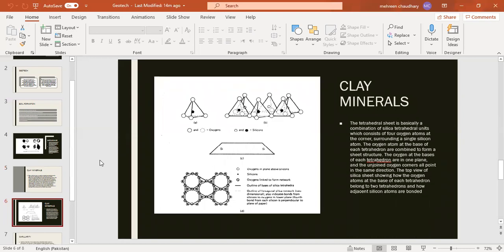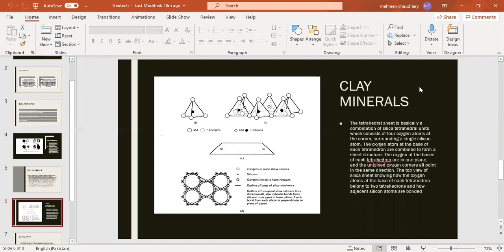The tetrahedral sheet is basically a combination of silica tetrahedral units which consist of four oxygen atoms at the corners surrounding a single silicon atom. The oxygen atoms at the base of each tetrahedron are combined to form a sheet structure.